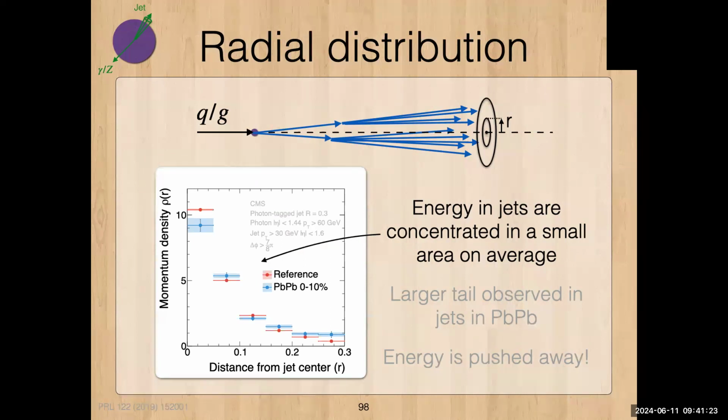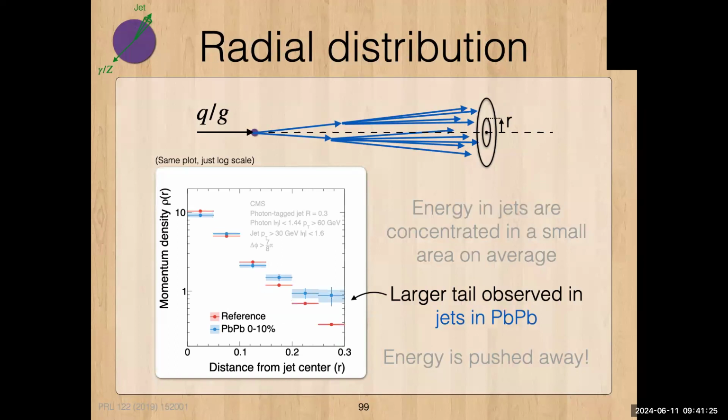But if we look at the tail region, on this log scale, we see that the tail of the jet gets a lot bigger. So energy is a bit less concentrated after going through the quark-gluon plasma. Before, it was a tight spray of particles. Afterwards, there are a little bit more outside the jet. This also tells us that energy is pushed away from the center of the jet.